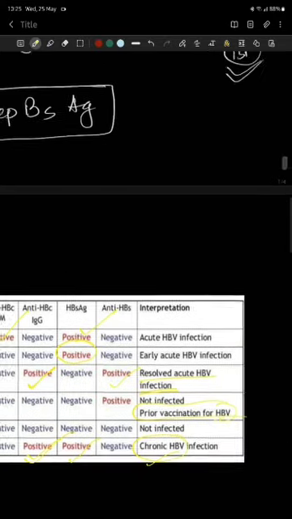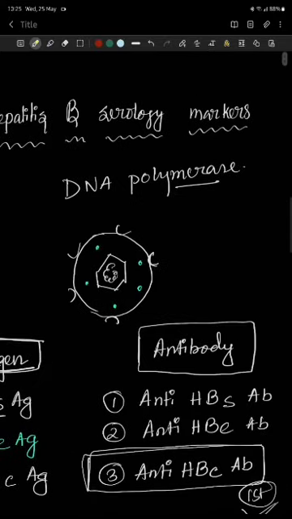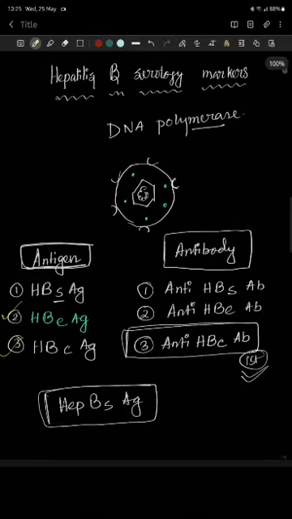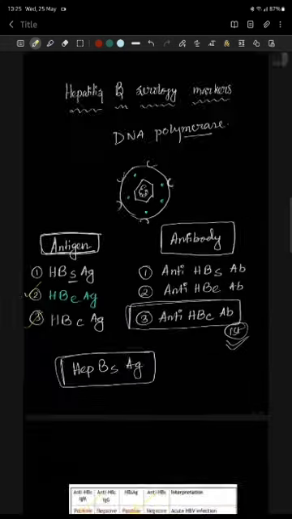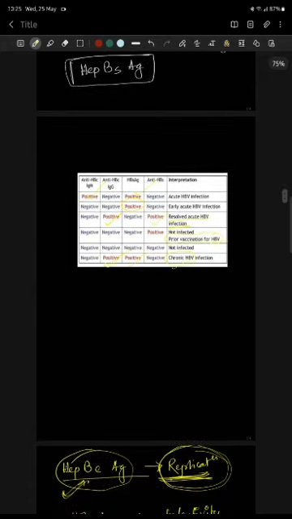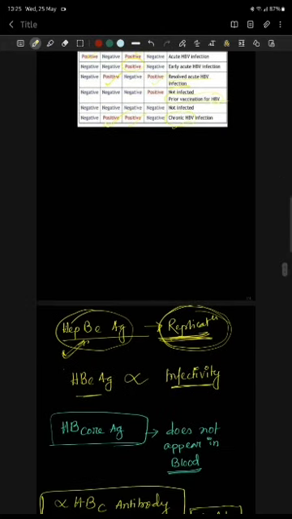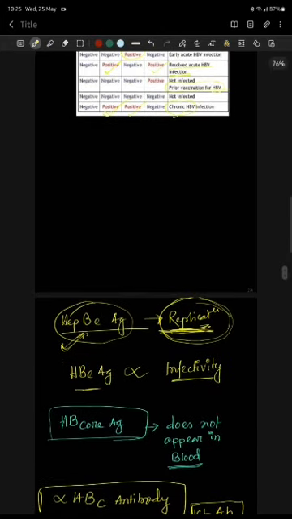So just a quick recap. Hepatitis B virus is a DNA virus, and three types of antigen are there: hepatitis B surface antigen, hepatitis B core antigen, and hepatitis B E antigen. The significance of the E antigen is that when it is present, it means there is replication, means there is infection, and the infection is acute, recent infection.